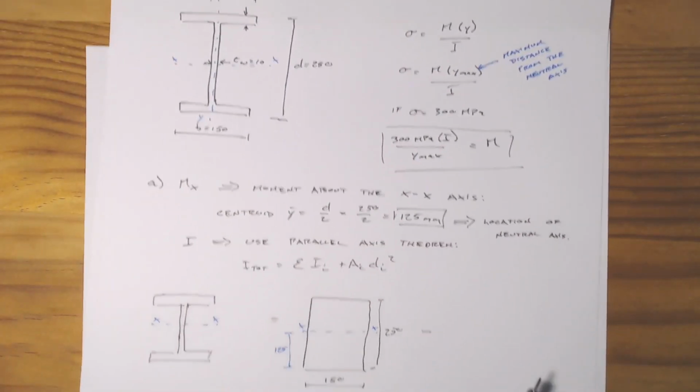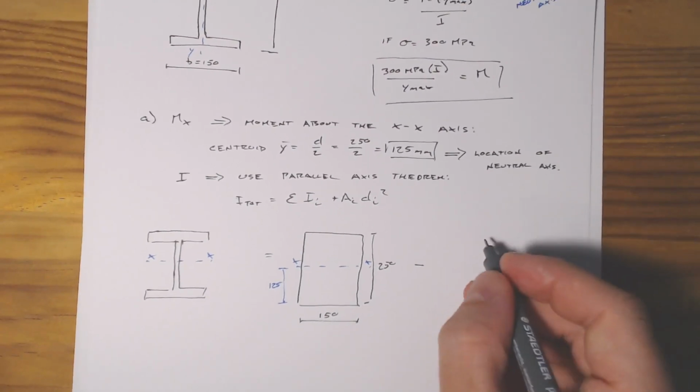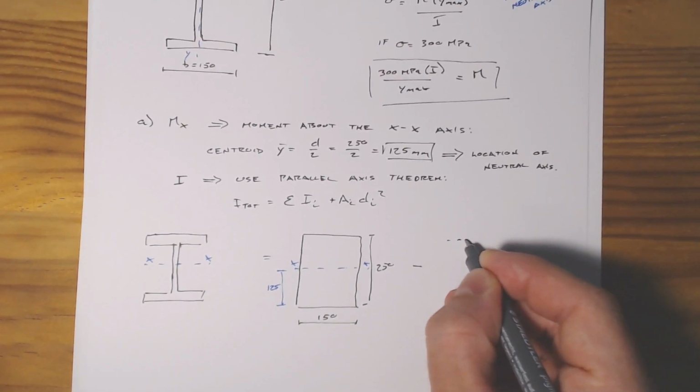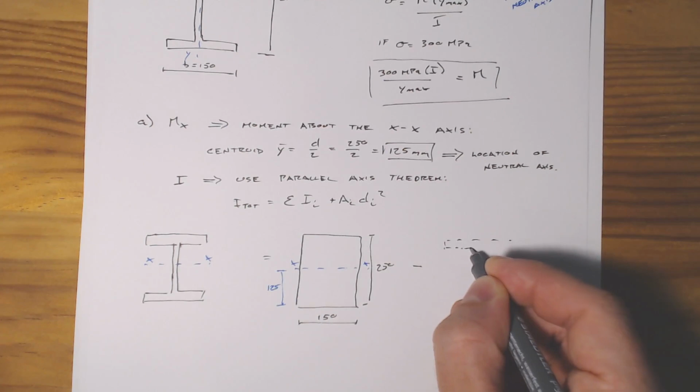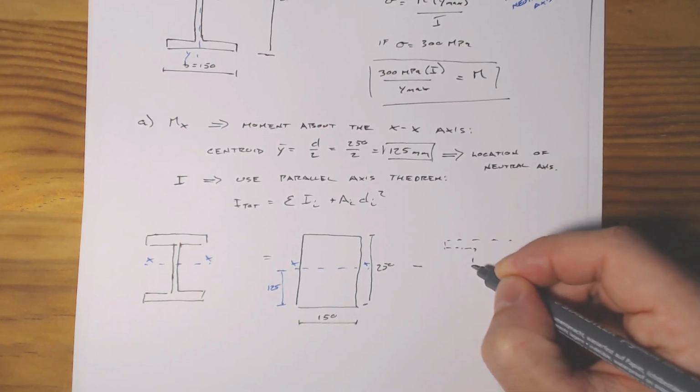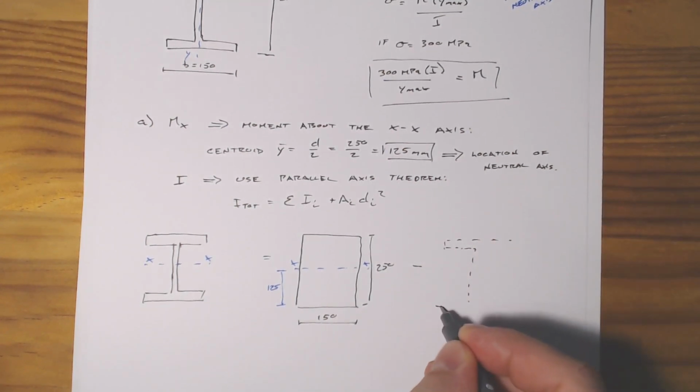So minus the void. We'll dash in the I section.